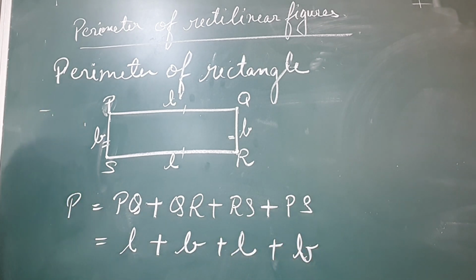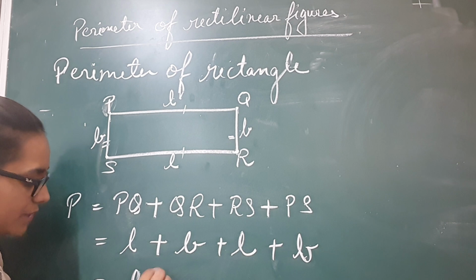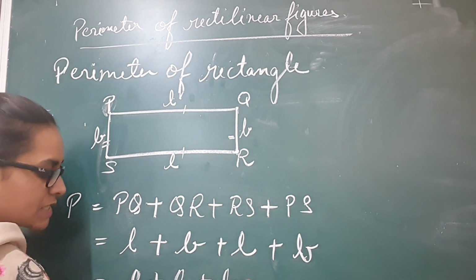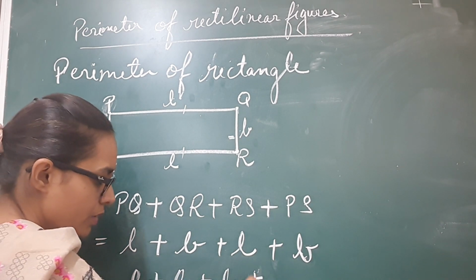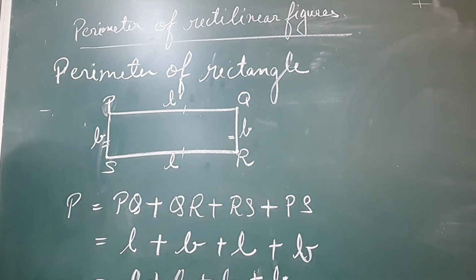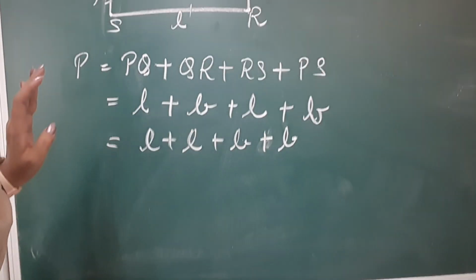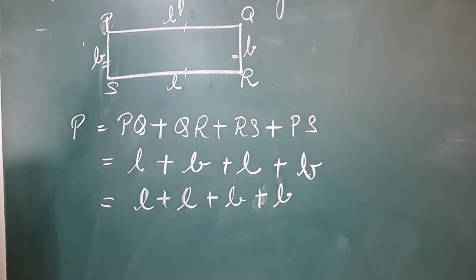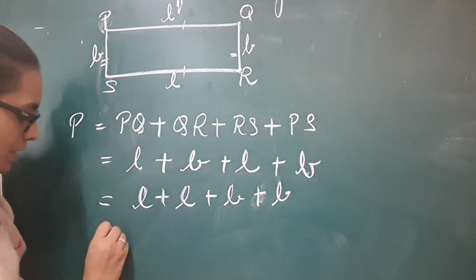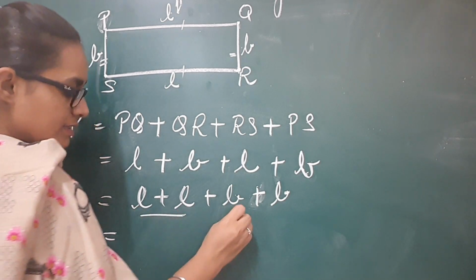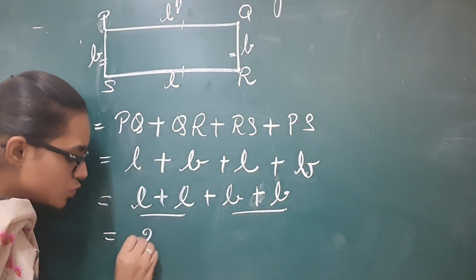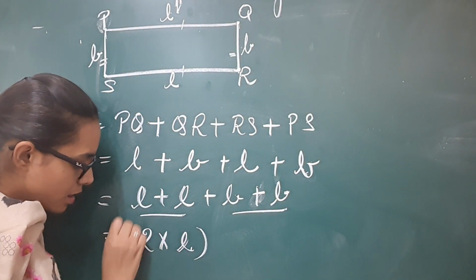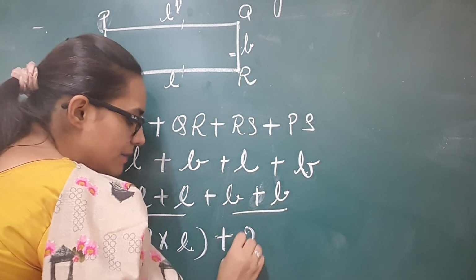Now we can also write this as L plus B, because in addition, changing the position does not change the sum. So there are 2 lengths and 2 breadths, that means 2 times length plus 2 times breadth.